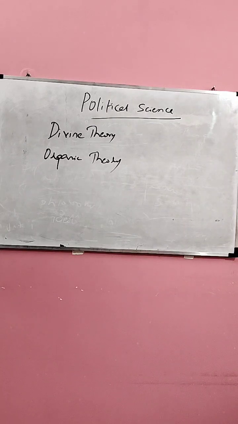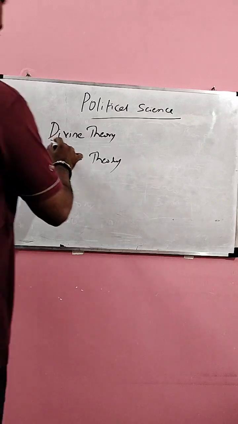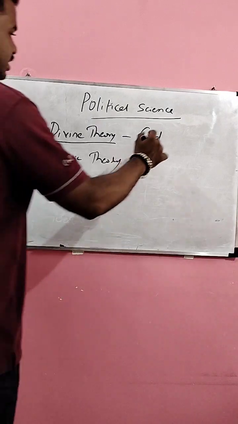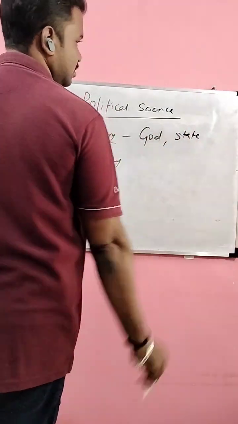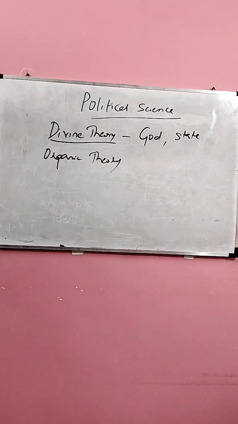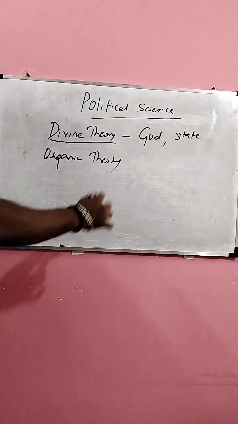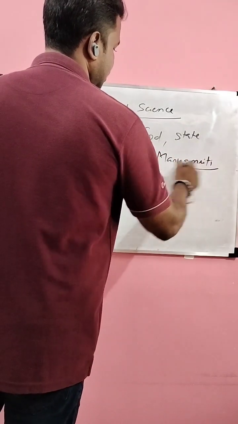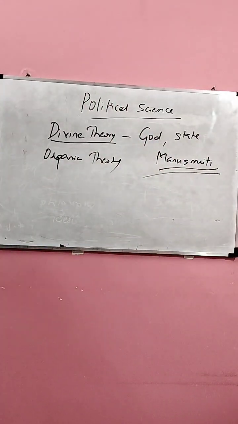If you take divine theory, it is related to God. It is also related to state. Okay. Manu and his work Manu Smriti, ancient political work in India. It is said that there are many Manus, not a single Manu. In any case, Manu Smriti was a political philosophy as well as a work.